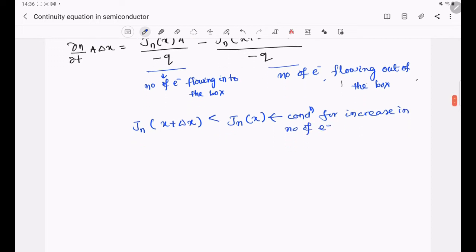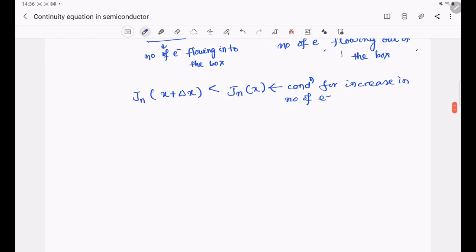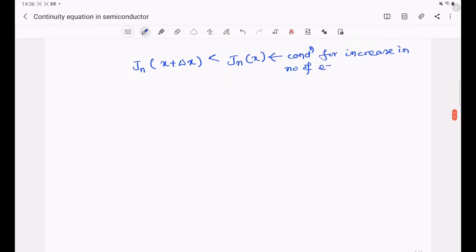Now, will there be any other reason for increase in the number of electrons apart from the current density? Then the answer will be yes.